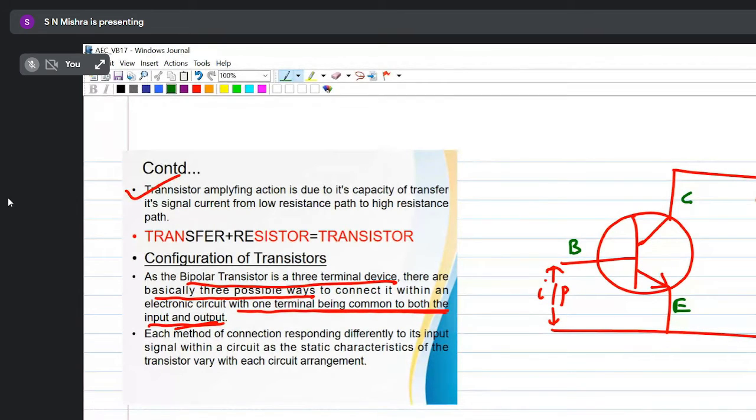Collector and emitter. So which terminal is common between input and output? Emitter. So that's why it is called common emitter configuration. CE means C for common, E for emitter. You can also say common emitter mode or configuration, anything you can take.